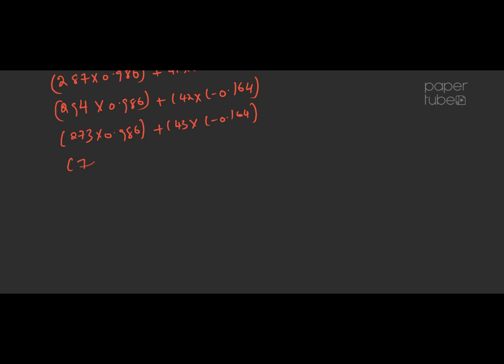Go to the fourth row, 78 multiplied by 0.986 plus 74 multiplied by minus 0.164.